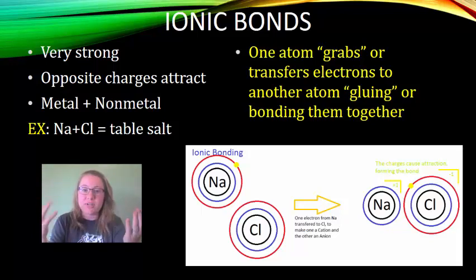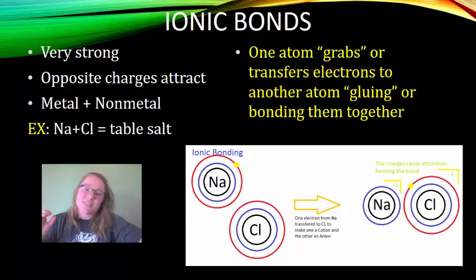Normally the protons and electrons balance each other out. But because it has more protons than it has electrons now, it has a slight positive charge. And chlorine still has the same number of protons, but since it added an electron to the outermost shell, it now has more electrons than protons, so it has a slight negative charge.